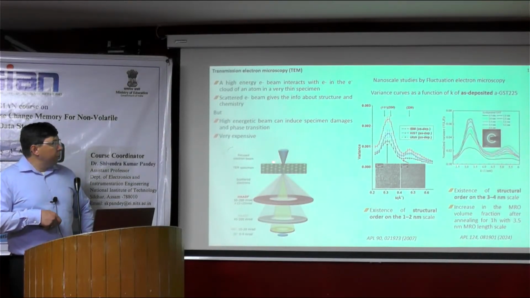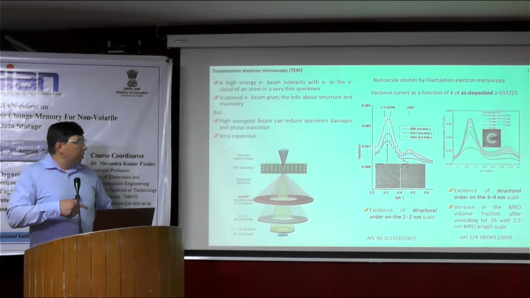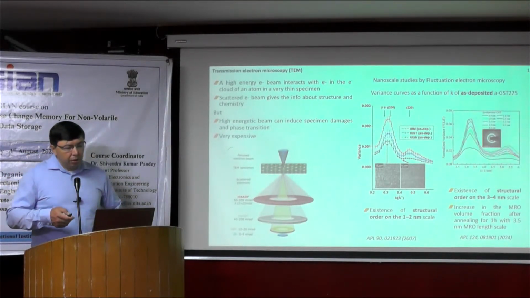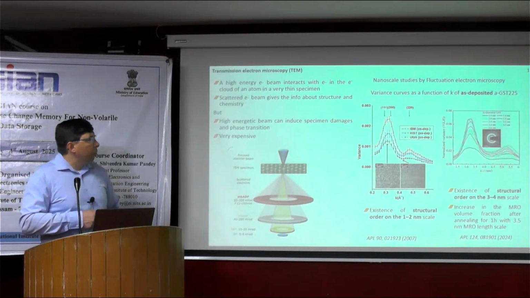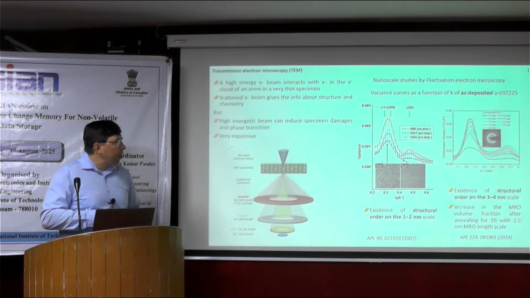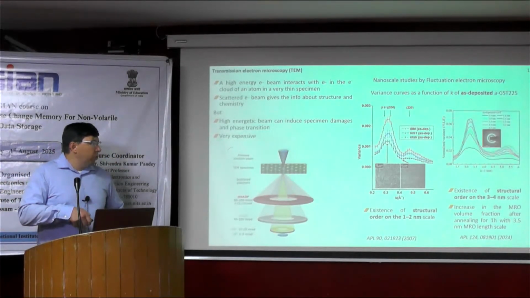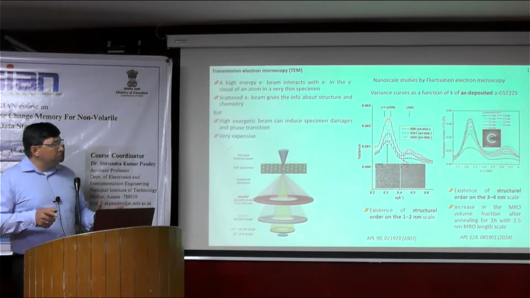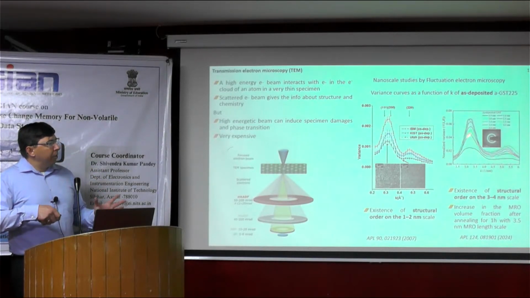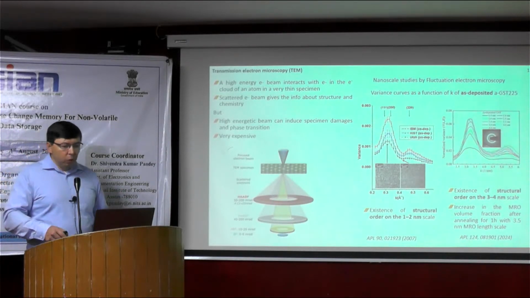If you use wrong setups, you can also increase the order in your material and influence the structure. But overall, there is a medium-range order in amorphous GST on the scale between 1 and 4 nanometers.